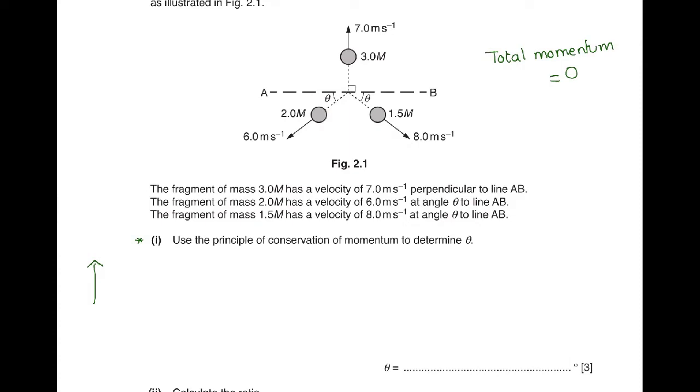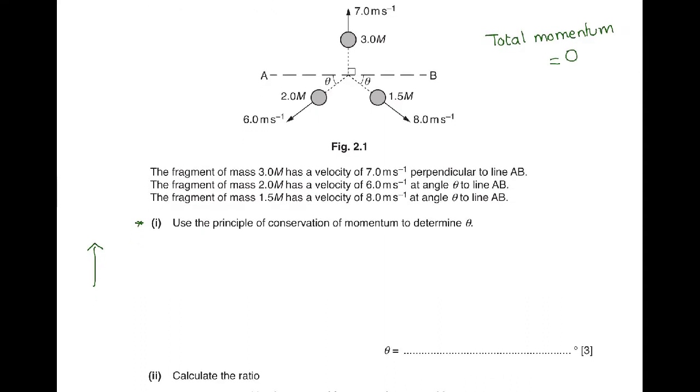The 2 at the bottom must be equal and opposite to the 1 at the top. So let's try it. Upwards, we've got a momentum, mass times velocity, of 3m times 7. I'm going to leave out the m because it will appear in each bit of the equation and therefore we could cancel it out. And that must equal the sum of the other 2 vertical ones.